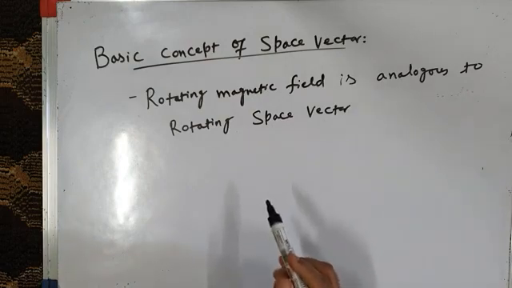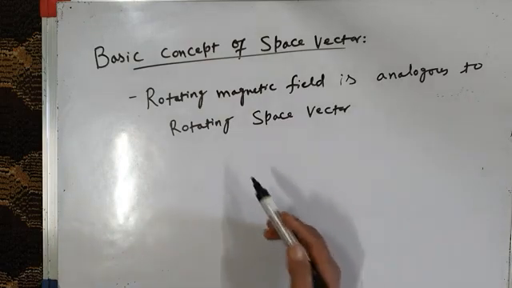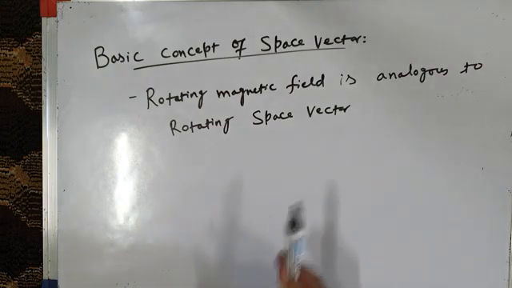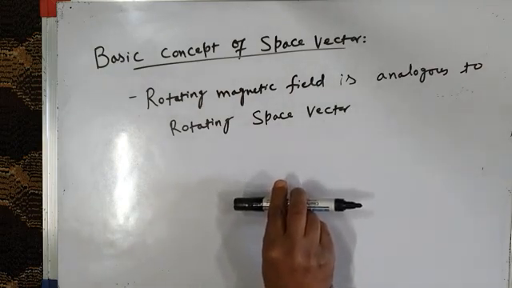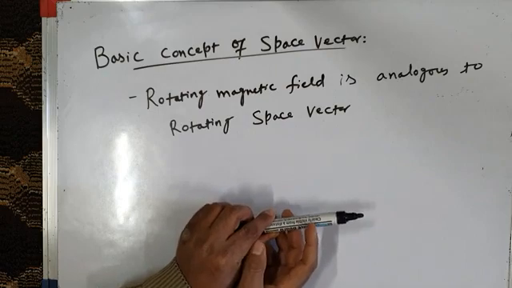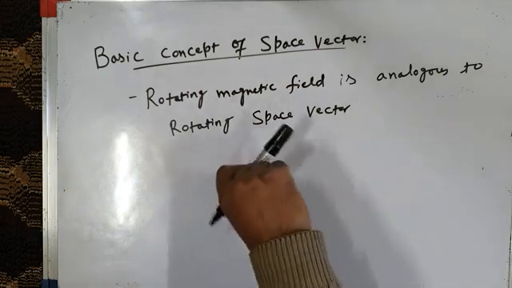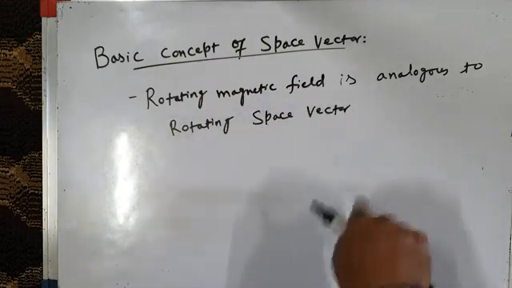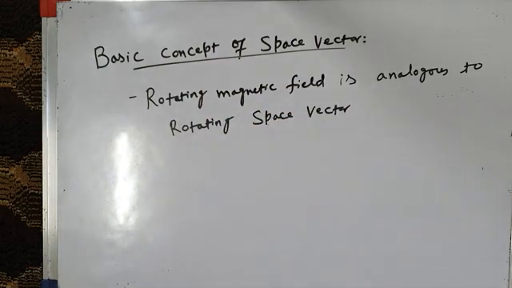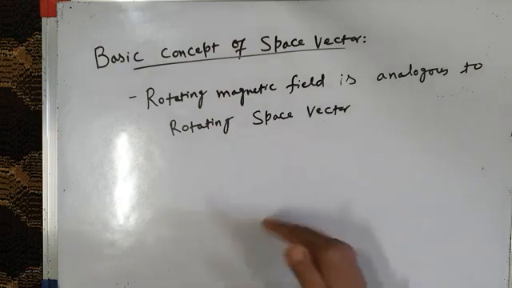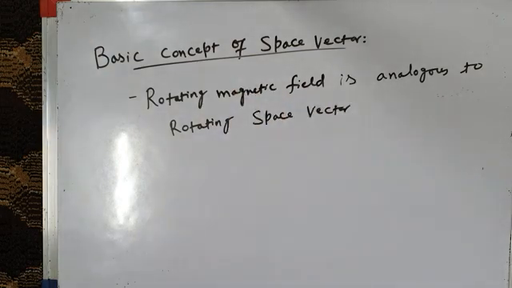In a similar way, we will try to develop the concept of space vector, and space vector is a reference phasor or reference vector which also rotates in the counterclockwise direction like this, and it traces a circular path. This space vector will basically represent three-phase sinusoidal voltages and currents, and will be analogous to the rotating magnetic field of induction machines.